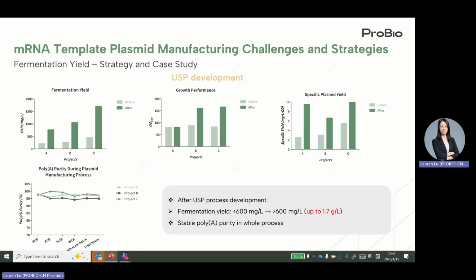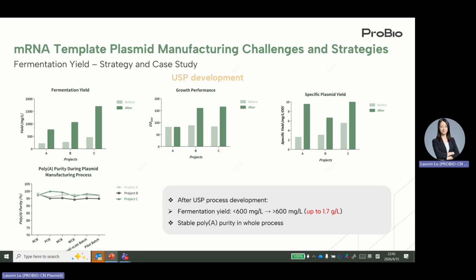Here we present our upgraded upstream development strategy to improve fermentation yield in mRNA template plasmid manufacturing. After process optimization, we achieved significant improvement in fermentation performance across multiple projects.